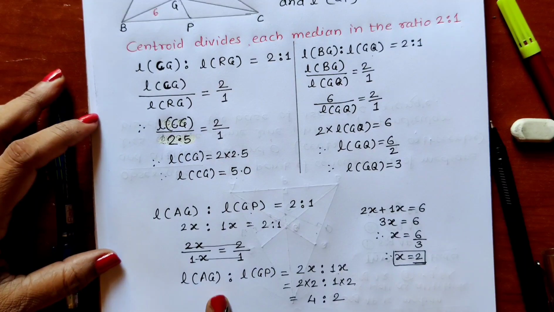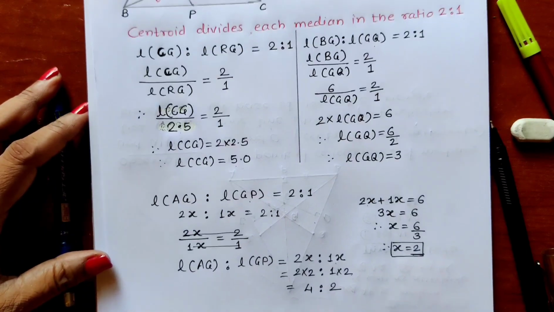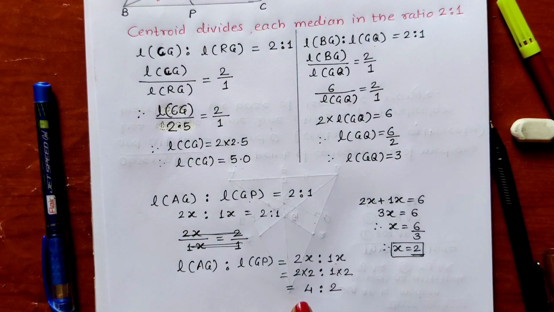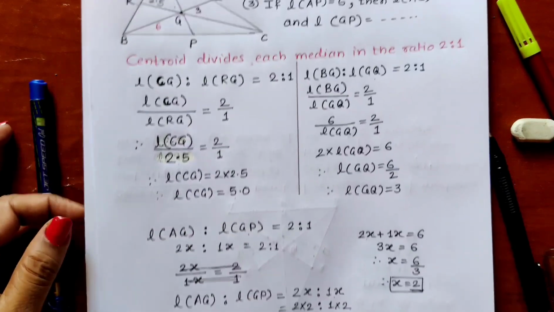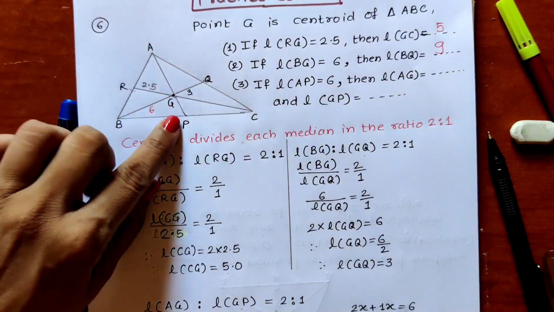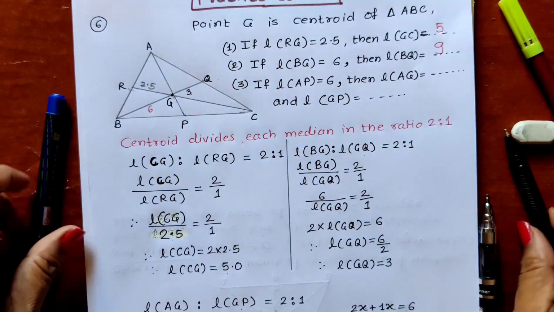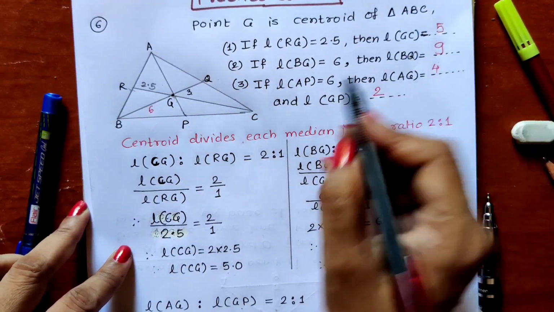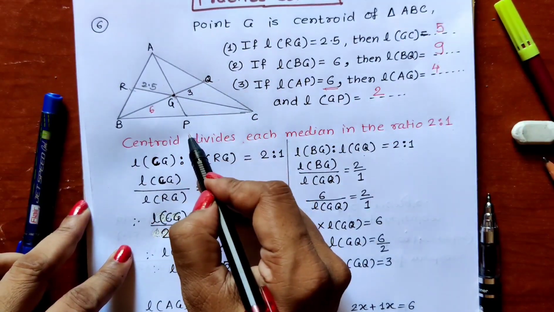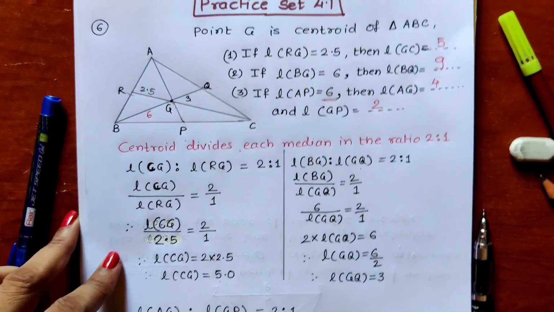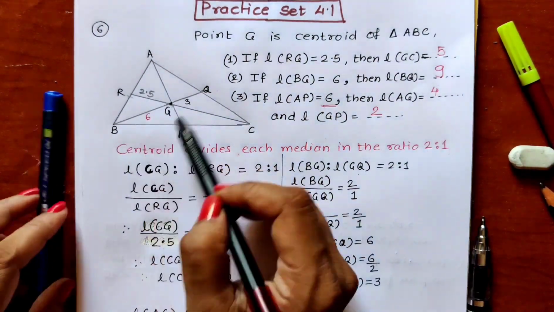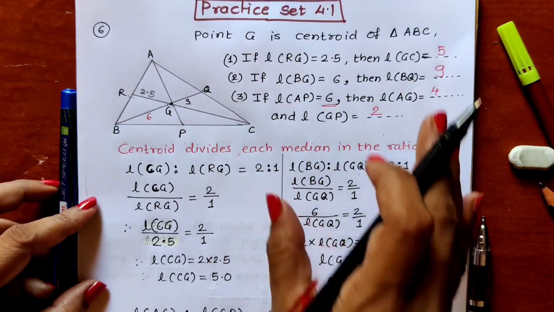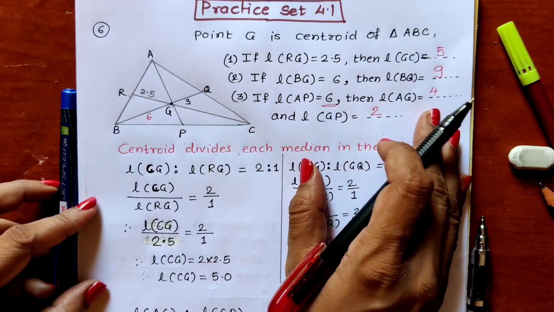In this way AG ratio GP we got 4 ratio 2. We can directly get the answer as 4:2, so AG is 4 and GP is 2. So 4 plus 2 is 6, which is AP. In this way we can solve the sum. Otherwise, just by observing the figure, we can directly write the answer. As this is a fill in the blank, you can directly write the answer.